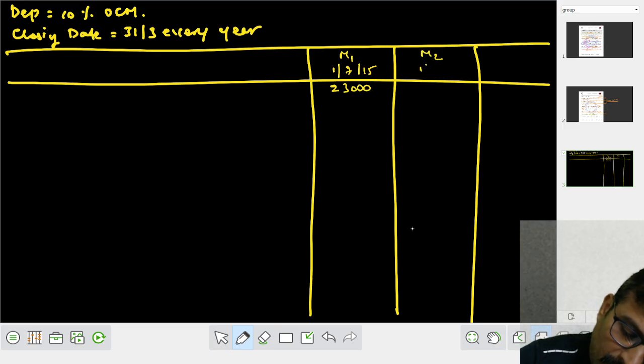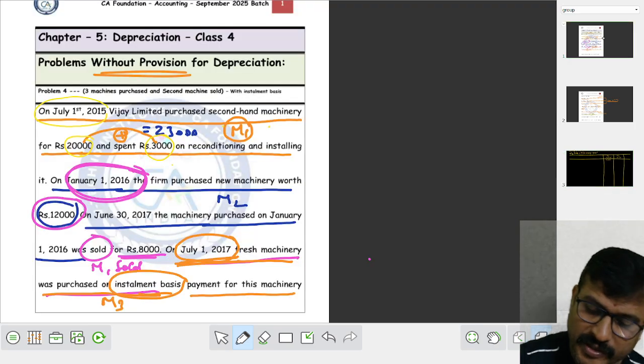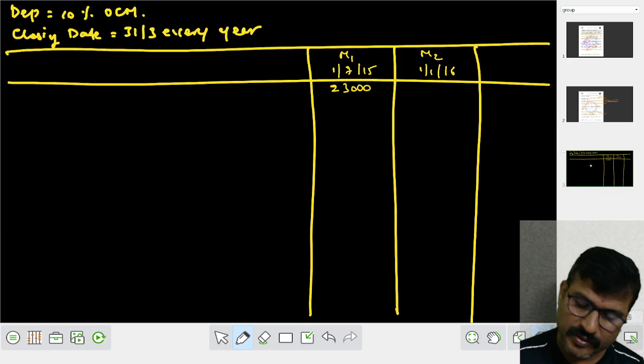Which machine did they purchase? M2 is purchased for an amount of rupees 12,000.